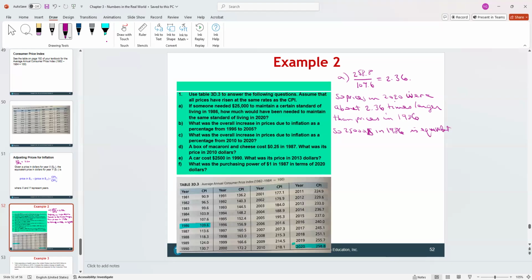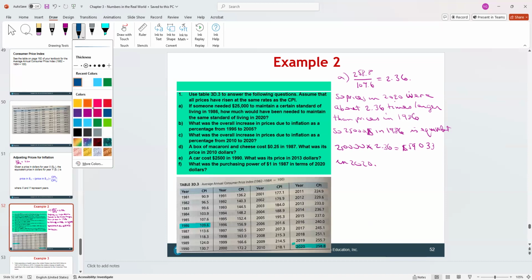All you need to do is take the 25,000 and multiply it by 2.36. So the answer would be 59,033 in 2020. So the $25,000 in 1986 is equivalent to $59,033 in 2020. So that's an example we covered about the equivalent.